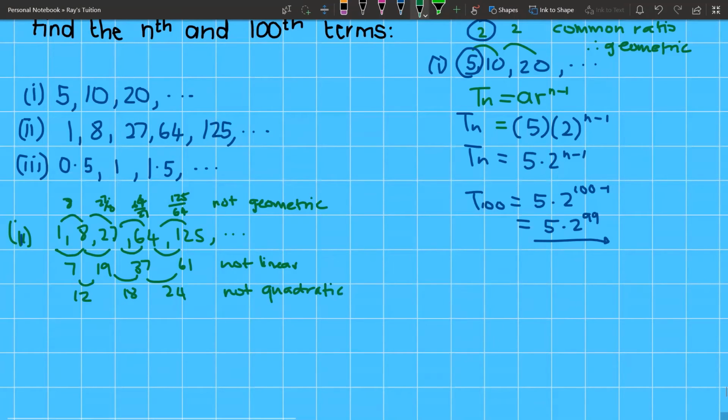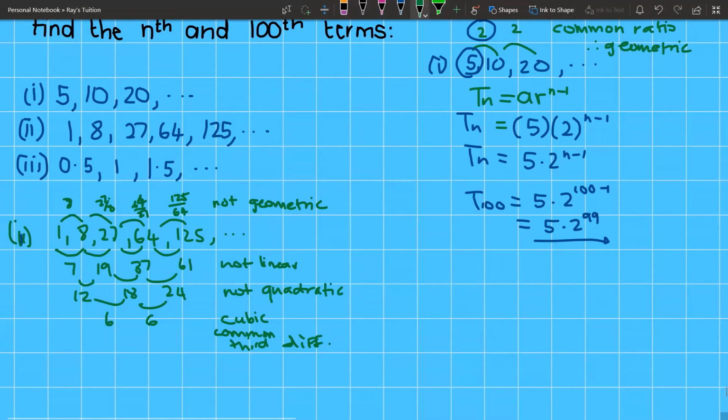Then we have a look at the third differences. 18 minus 12 is 6, and 24 minus 18 is 6. So this here is a cubic pattern because it has a common third difference. So then we're going to find the general formula.